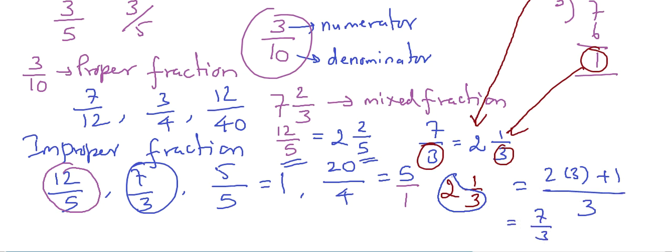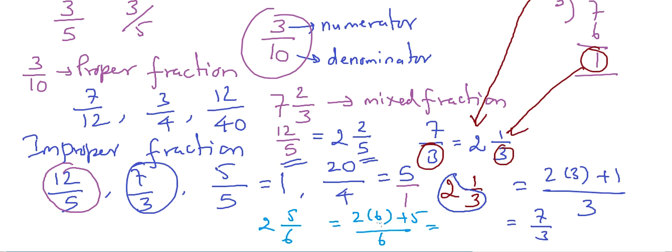Okay, let's say 2 5 by 6. So this is equal to 2 into 6 plus 5. That's the numerator, and the denominator is 6.